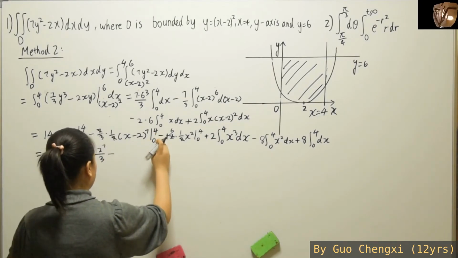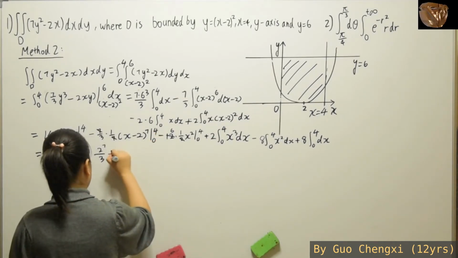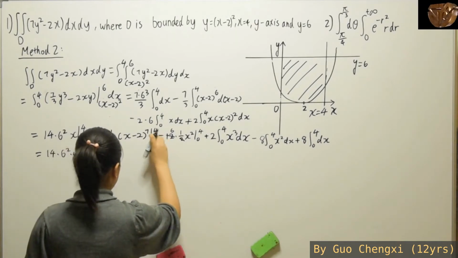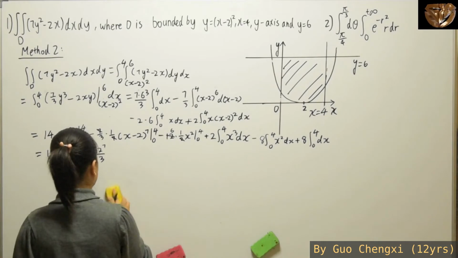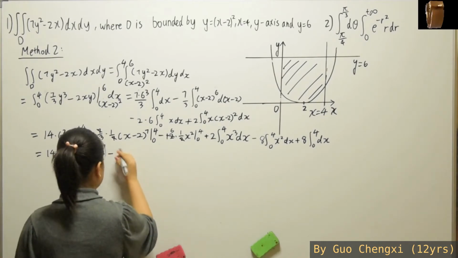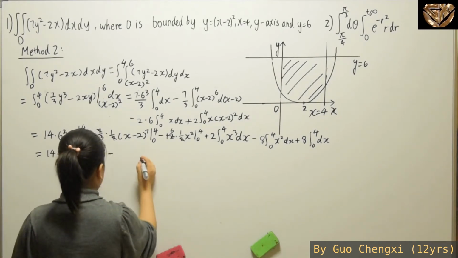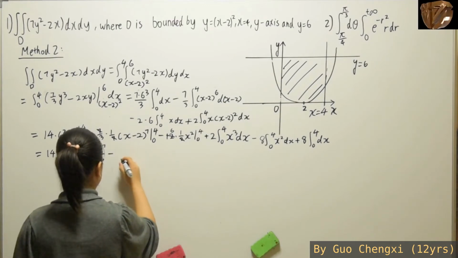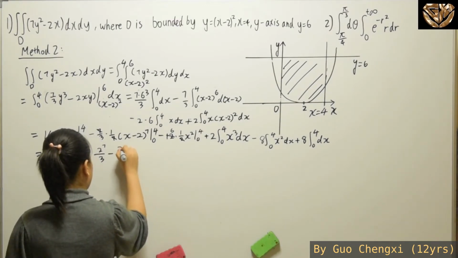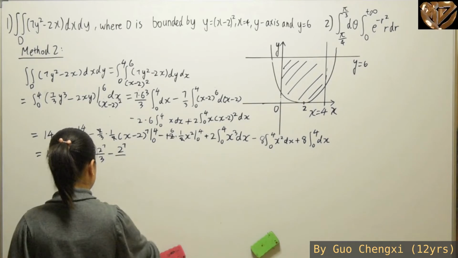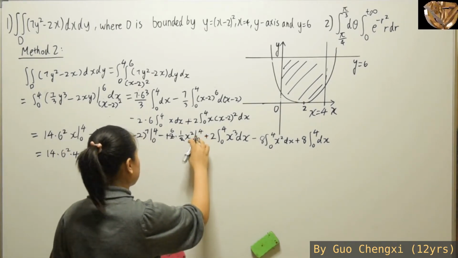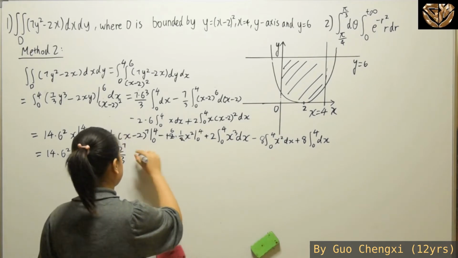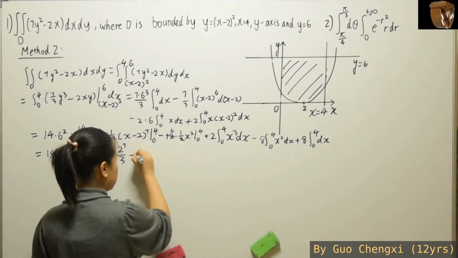When you substitute 0 inside, first there's going to be a plus, then reminder that it's negative 2 to the power of 7, so a negative will carry out and it will become negative once again. And this part you'll have 2 to the power of 7 over 3. Later I will combine these two, and now we can substitute this inside, while this part will just become 0 and we can ignore it.